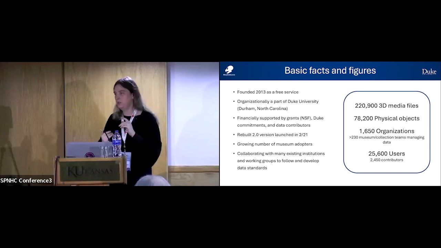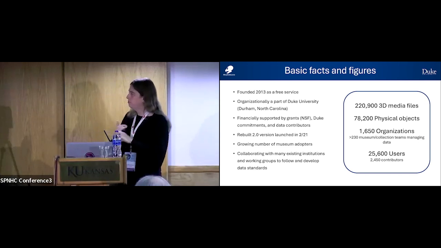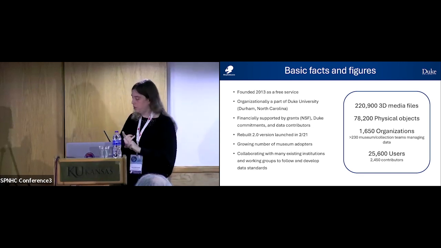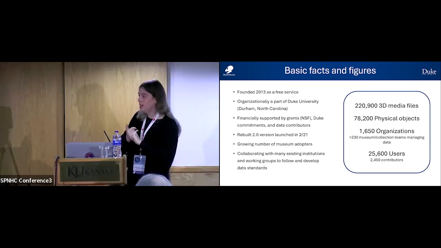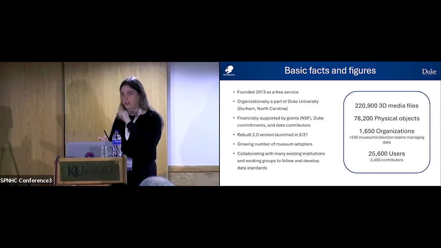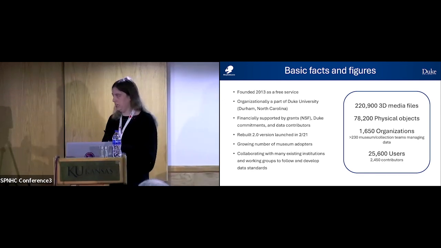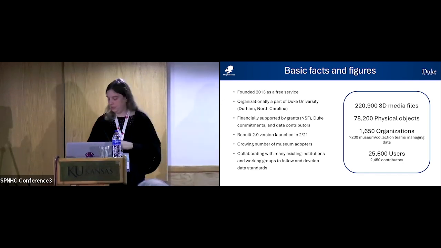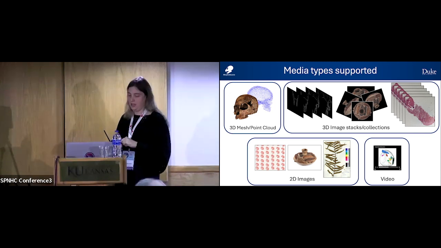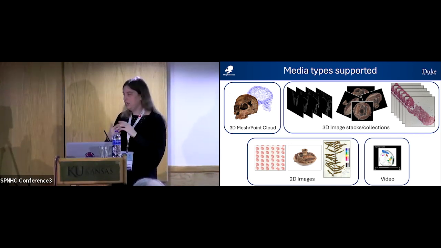That's over 1,600 museum collections, university departments, imaging facilities, where around 230 of those museum and collection teams are actually participating on MorphoSource, helping to track and manage their data, helping to track the impact of their data, helping to curate their scans. MorphoSource supports a lot of different media types, 3D meshes, your 3D image stack.